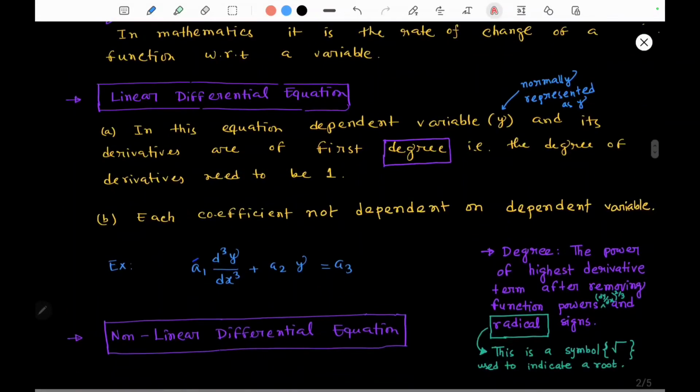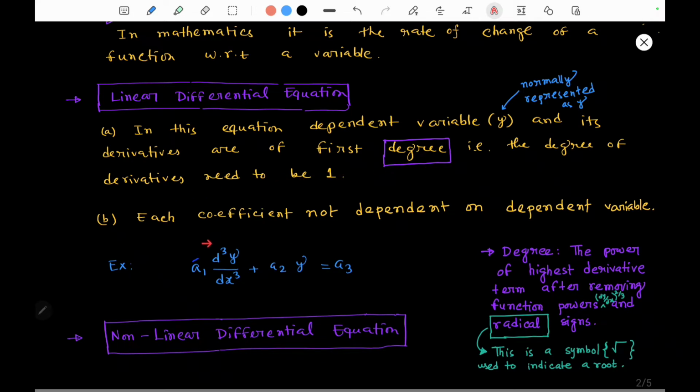Now differential equations are of different types, like linear differential equations and non-linear differential equations. Linear differential equations have some criteria: the dependent variable, normally represented as y, and its derivatives are of first degree, that is, the degree of the derivatives needs to be 1.